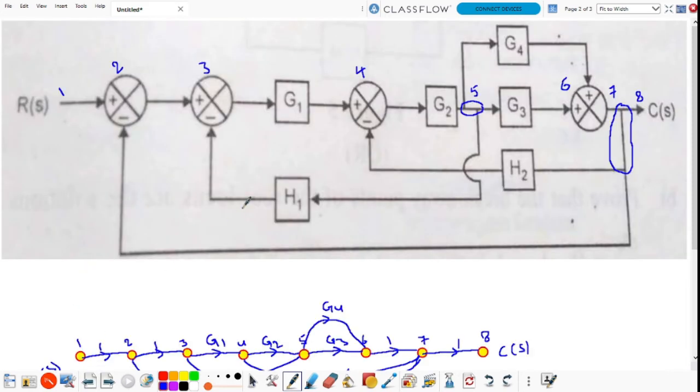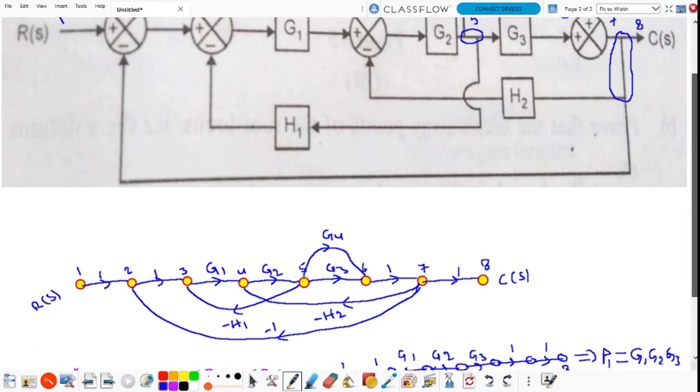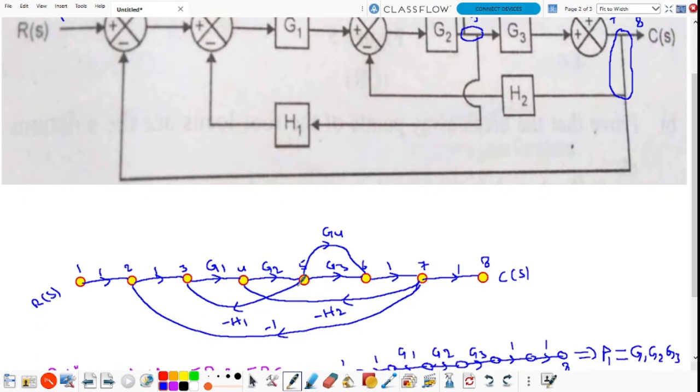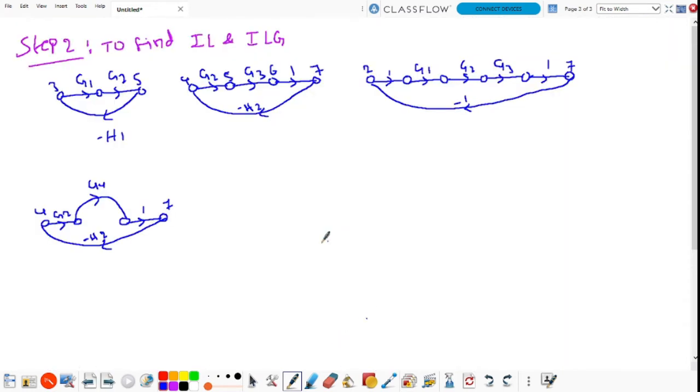Next, the fifth individual loop is 2 to 5, 5 to 6, 6 to 7, 7 to 2, via 2, 3, 4, 5.